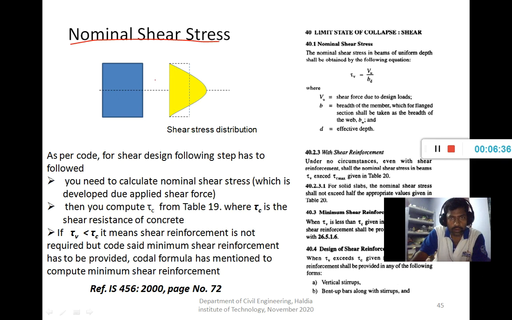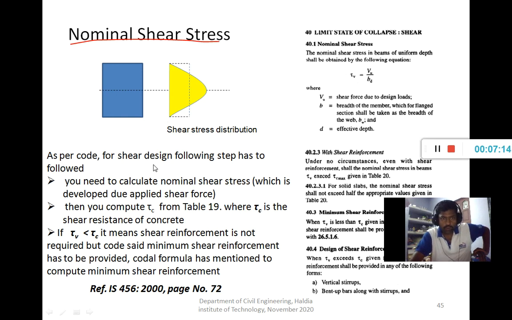But for the nominal shear stress, this actual shear stress distribution is not considered. The average shear stress is considered, which is called nominal shear stress, equal to Vu upon b into d, where Vu is the applied shear force and d is the effective depth. Only this stress is considered, that is called the average shear.